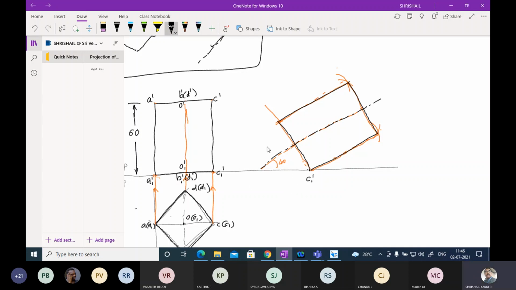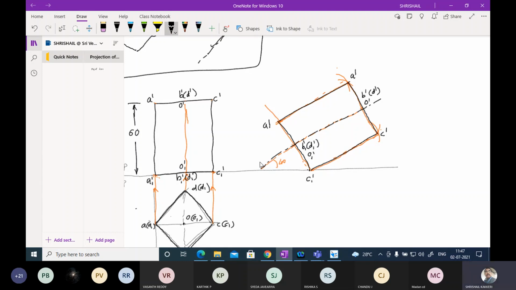C1 dash, B1 dash, D1 dash, O1 dash, and this will be B dash, D dash, O dash, and similarly this will be point C, C dash, and this will be point A dash, and this will be point A1 dash. Any problems are there? Please ask me up to here.